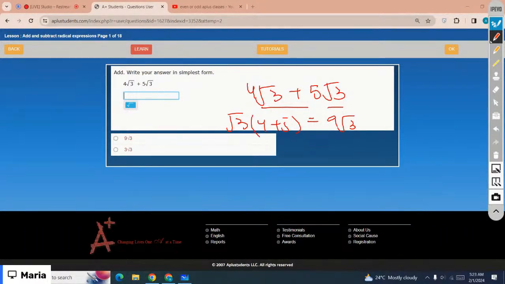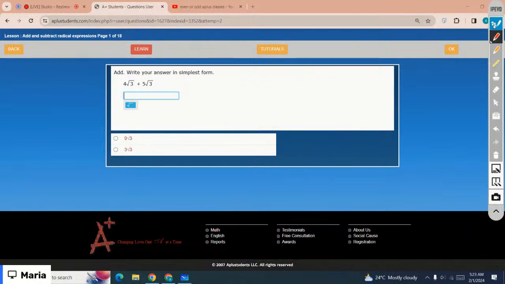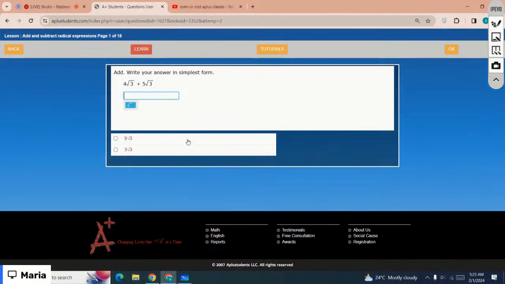The correct option is option number 1, that is 9 square root 3, right?